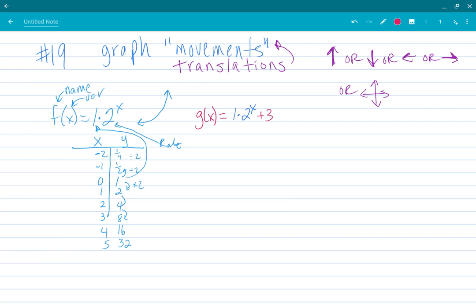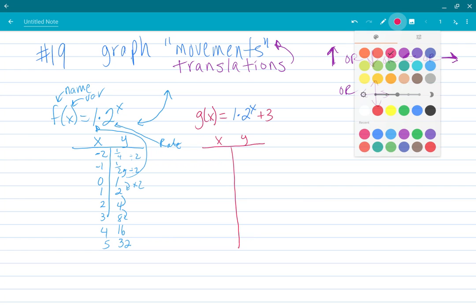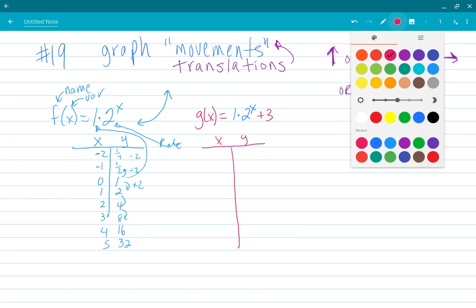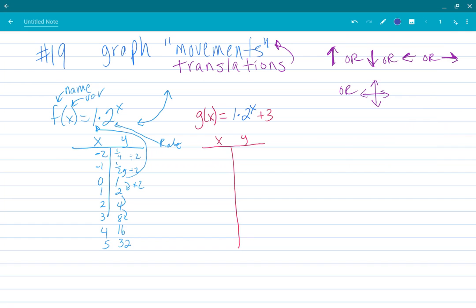The same thing, but I'm going to add 3. So what is the table for X? I'm going to copy all of F's 2, 4, 8, 16, 32. And then what am I going to do to those?